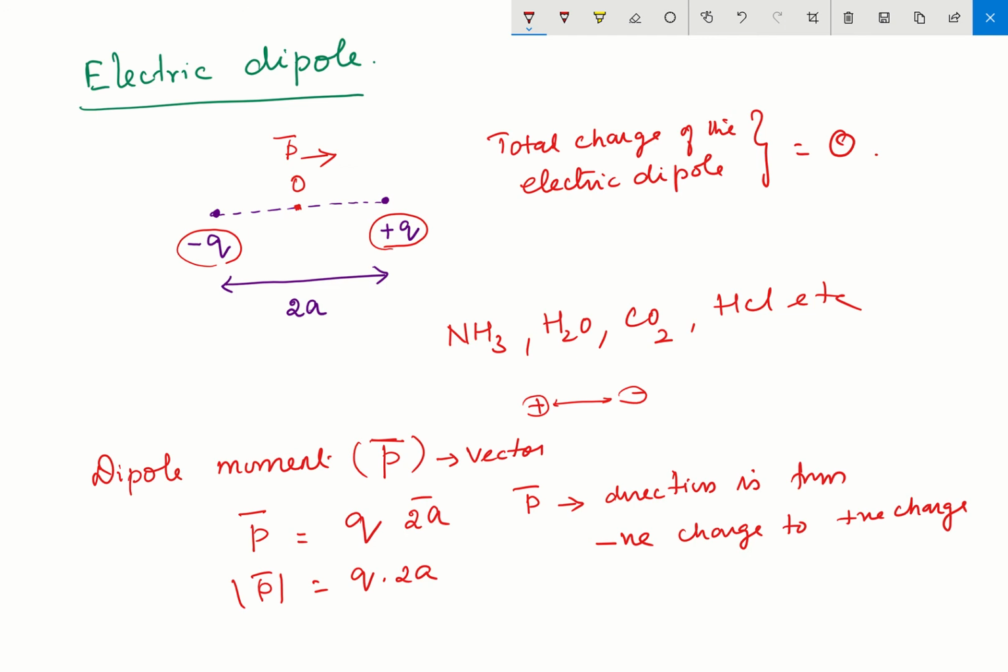Now, what is the unit for dipole moment? The magnitude of P is Q into 2A. Therefore the unit is coulomb meter.